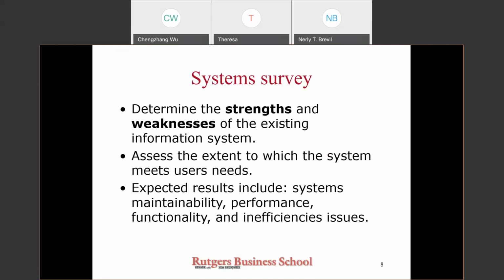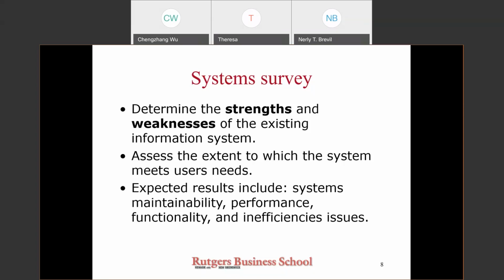In particular, the survey focuses on the extent to which the system meets users' needs. System developers provide input regarding the maintainability of the system and perhaps the performance of the system.